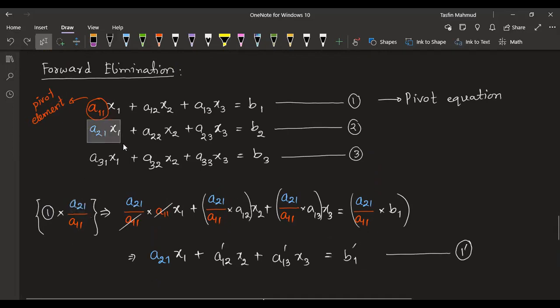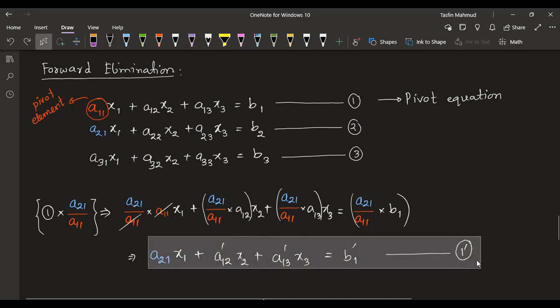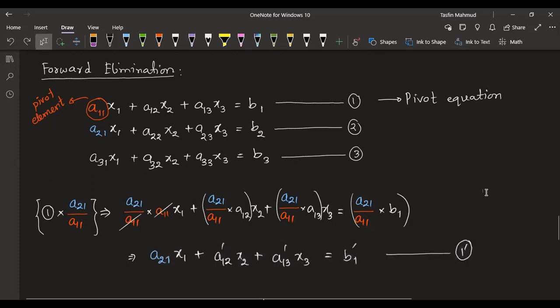We wanted to eliminate this term. That's why we multiplied with this coefficient. And then we got the modified pivot equation. We may name it as our modified pivot equation for now. This 1 prime is the modified pivot equation.